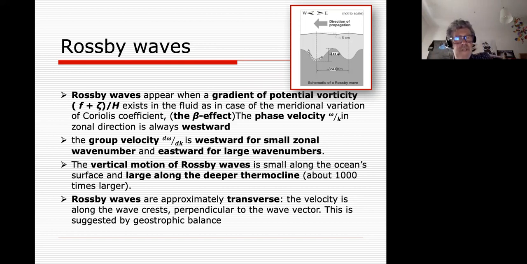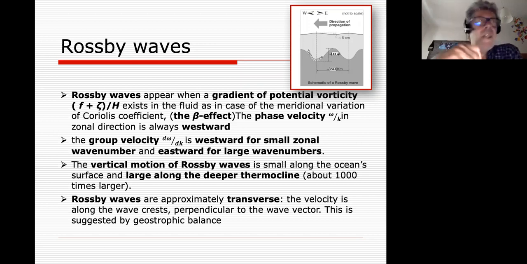The Coriolis coefficient is 0 at the equator, but its gradient is the highest at the equator. So little changes in the latitude have relatively important changes in f. And this is called the beta effect.